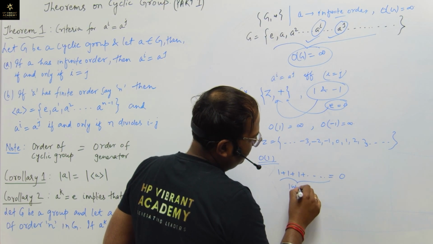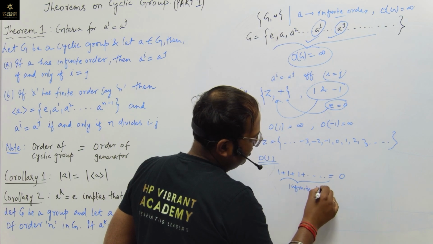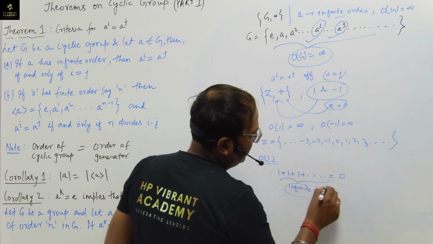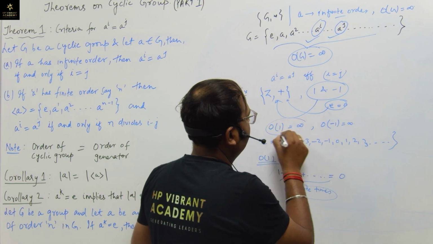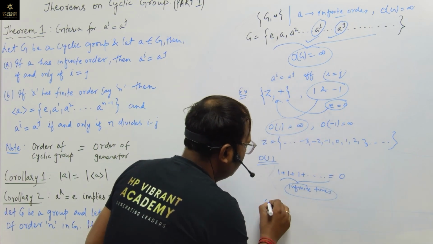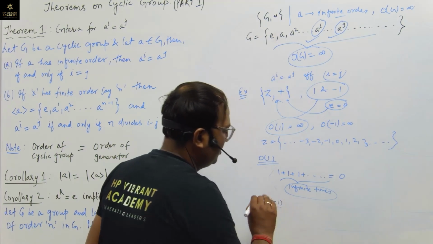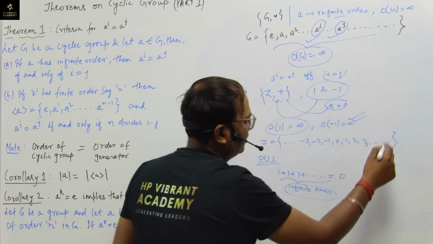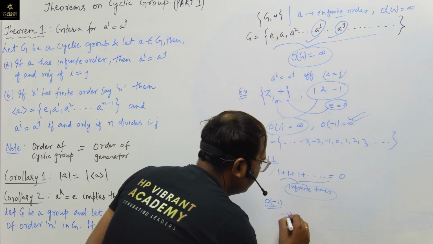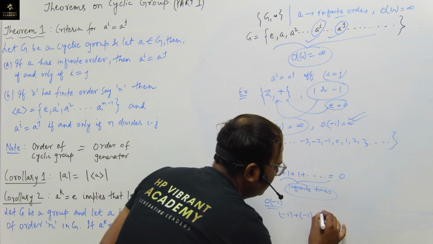Infinite repetition of 1 will not result in 0. So the order of 1 will be infinity. Similarly, the order of minus 1. How many times do we have to repeat minus 1 to get the identity? We have minus 1 plus minus 1 plus minus 1.